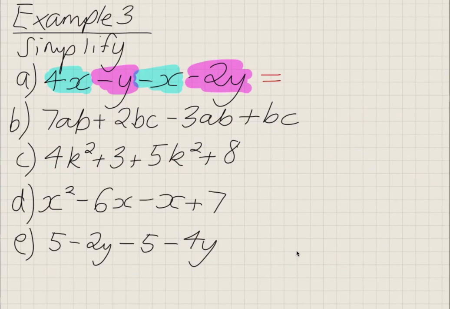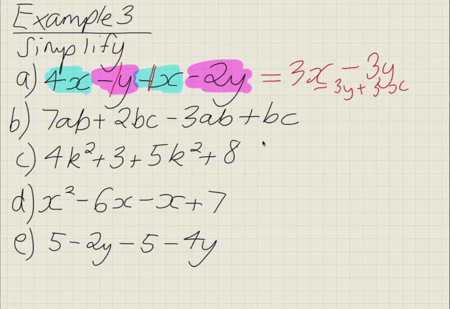So 4x minus x, remember that is the same as 4x minus 1x, which will give us 3x. And minus 1y minus 2y will give us minus 3y. If you wanted to write it the other way, that would be minus 3y plus 3x. Both of those answers would be correct.